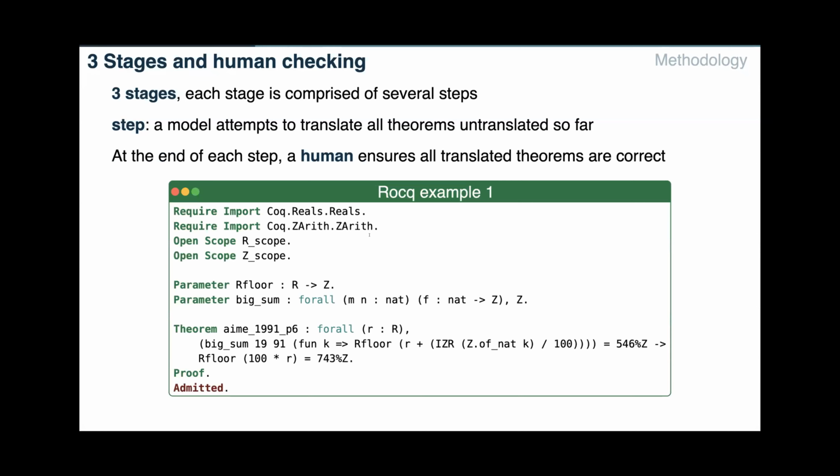At the end of a step, we have human checking phases to ensure translated theorems are correct, meaning-wise. For example, in this translation, the model introduced some parameter, airflow and big sum, and we don't want that because the proof is not doable with them.